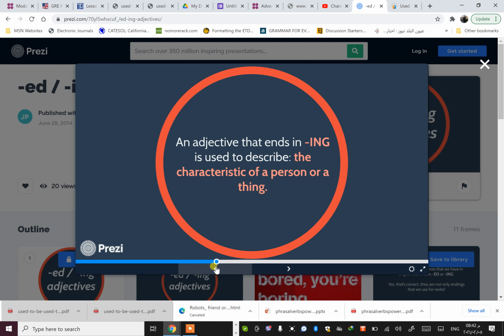Okay على سبيل المثال، اللي توصف بصورة عامة مميزات هذا الشيء، فهذا يعتبر تاخذ ing. Okay مثلا أقول this book is interesting. So this book is interesting توصف لي شو يميز هذا الكتاب is interesting مثير للاهتمام.